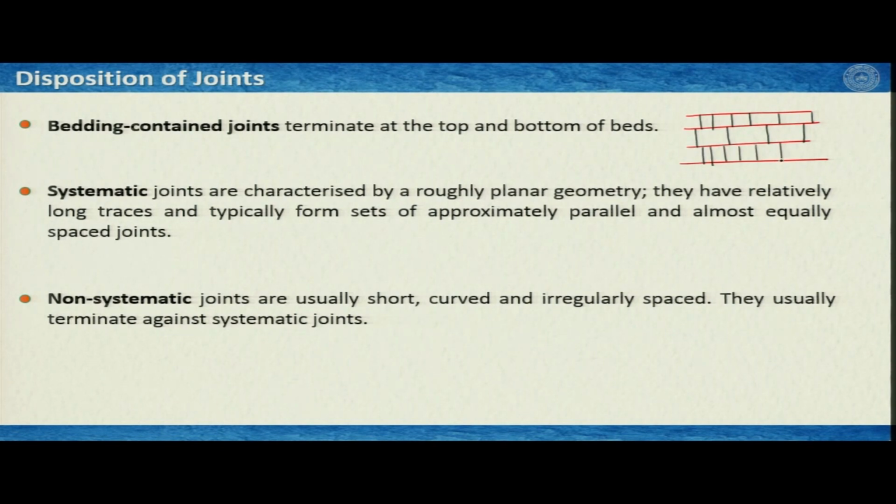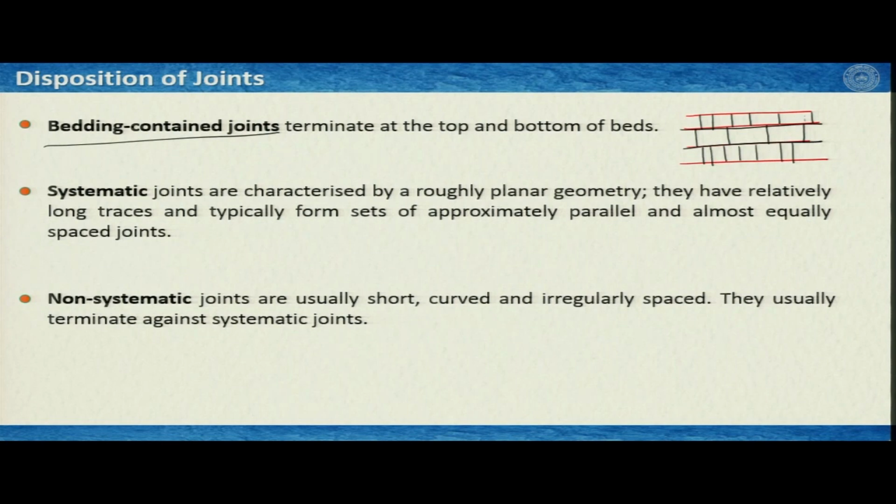We'll learn soon about the characteristics of the spacings, whether they would be similar or different spacing. But the point with bedding contained joints is that the joint did not propagate through the interface between the two beds. If that happens, then we call it bedding contained joints.